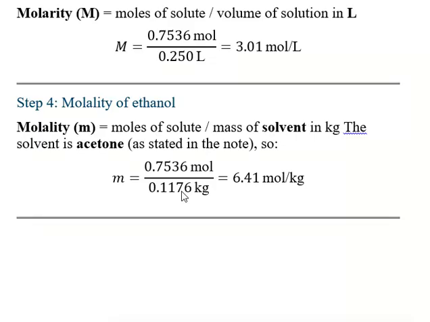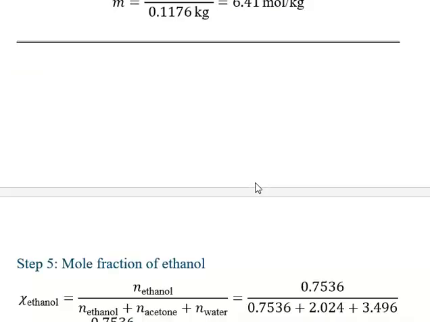Keep in mind, it is the number of moles of ethanol, but the mass is taken for acetone because acetone acts as a solvent, and change that solvent from gram to kilogram. It is the necessary criteria for calculation of molality. Okay, molality of the ethanol is 6.41 mole per kg.